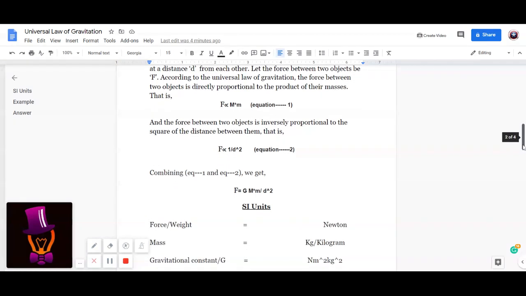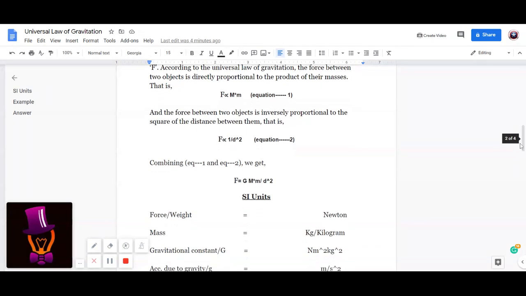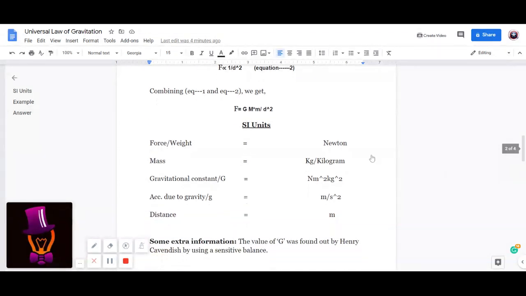Now when we combine both the equations, we get F is equal to G into capital M into small m by d square. It is also important to learn the SI units for each of the terms. The SI unit of force or weight is Newton, denoted by capital N. The SI unit of mass is kg or kilogram.